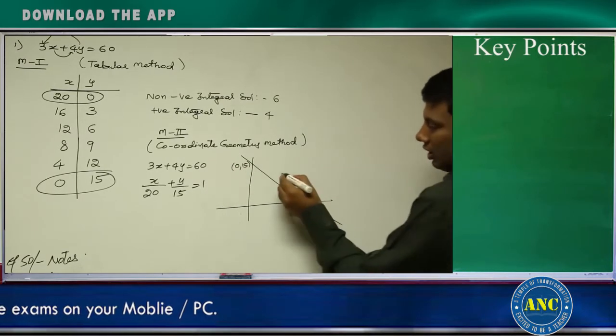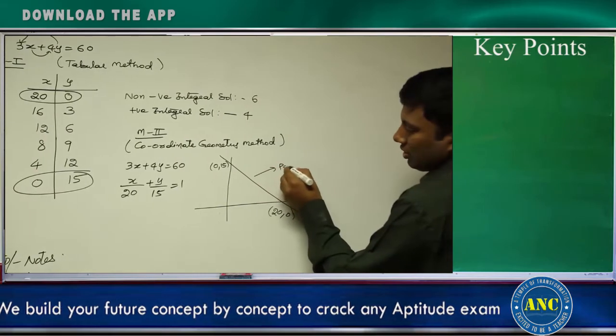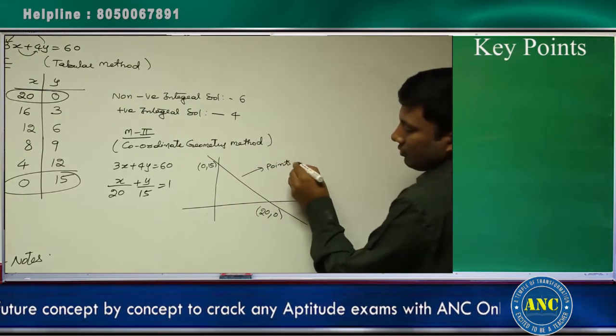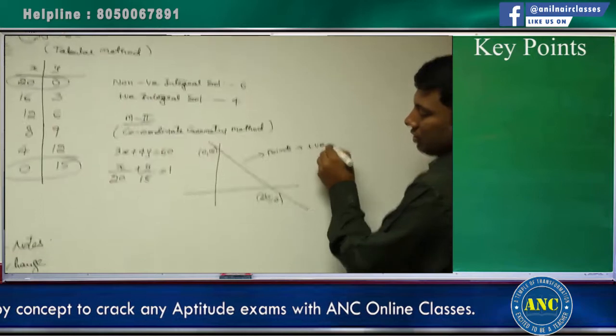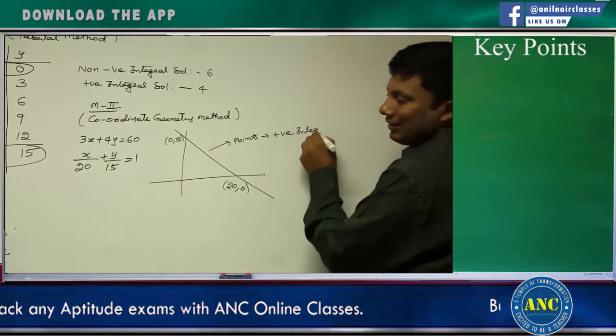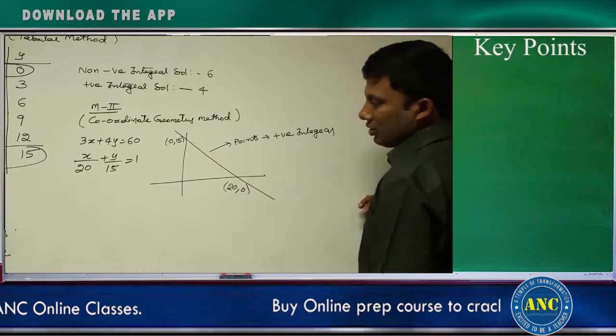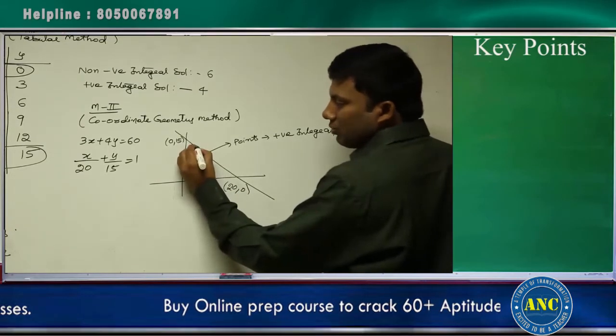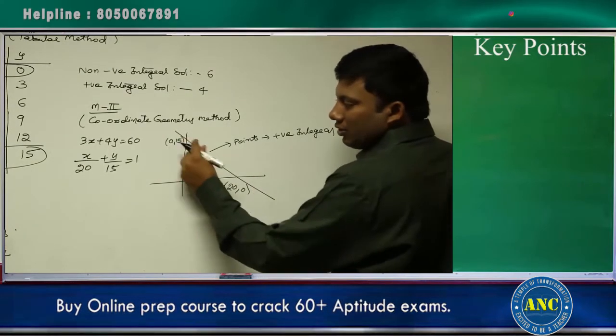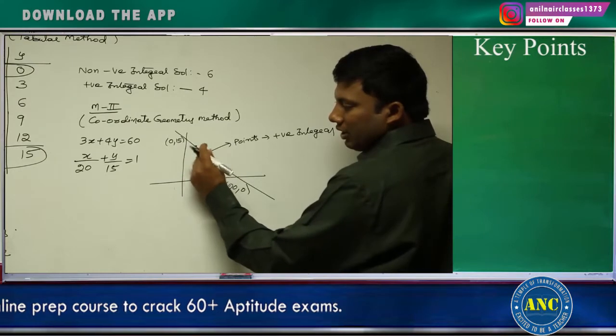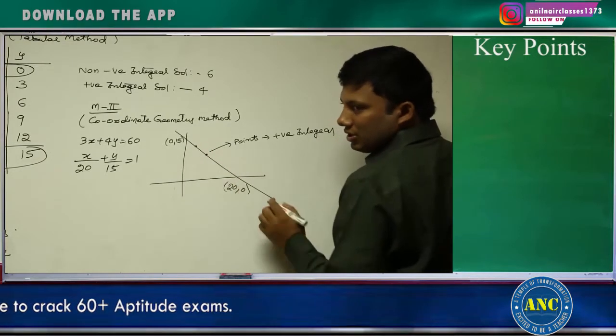Sorry. So there are certain points lying on this line. These points are nothing but positive integral solutions. Am I right? If I include both of these, that will become non-negative integral solutions. If I take some point here, there is a gap between two points, right?